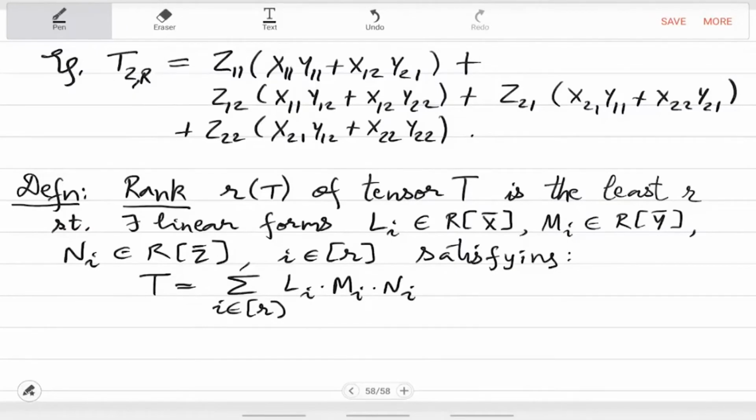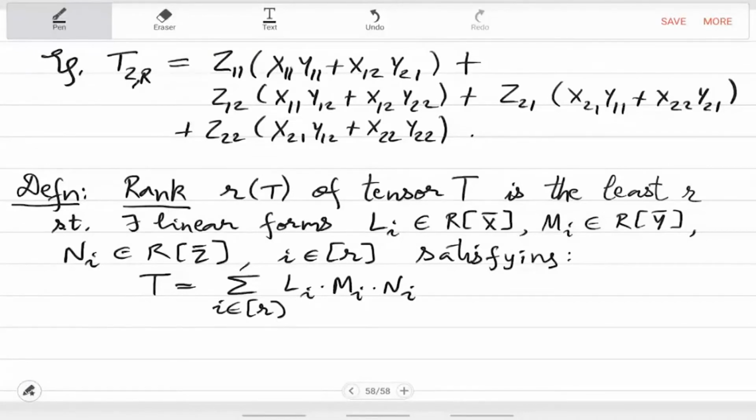So now you can see that it's a pretty general definition. It doesn't have anything to do with the matrix multiplication tensor, and there is no need to restrict to it. You can look at any polynomial in clearly demarcated variables, family X, family Y, family Z, and ask whether that polynomial can be written as sigma L_i M_i N_i. This is the rank of an order 3 tensor.